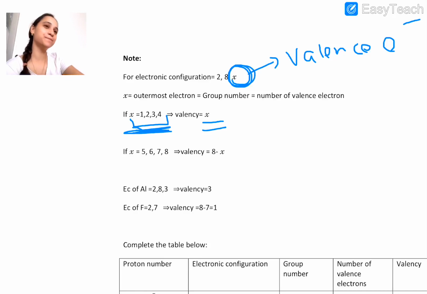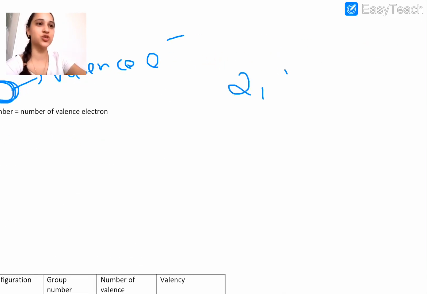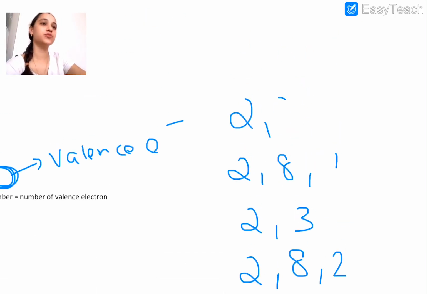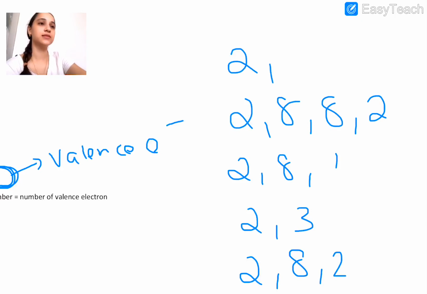Any electronic configuration that ends with these numbers 1, 2, 3, 4, the valency of that element would be equal to the valence electron. Let's see a few examples. Let's say 2, 8, 1, 2, 3, 2, 2, 8, 2, 2, 8, 8, 2 and 2, let's say 6.